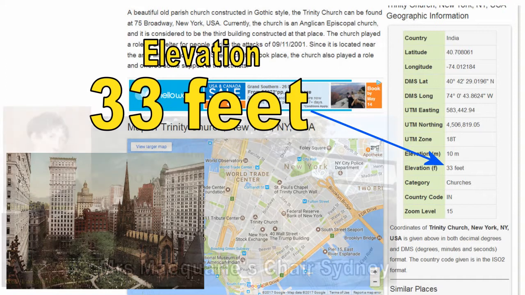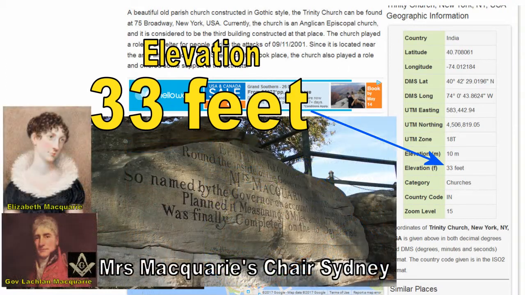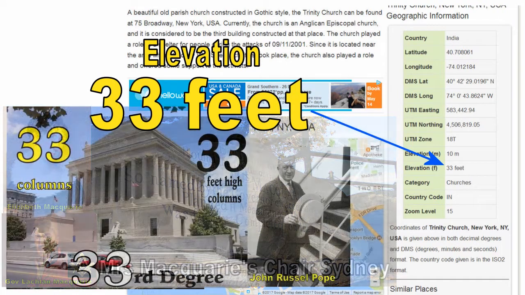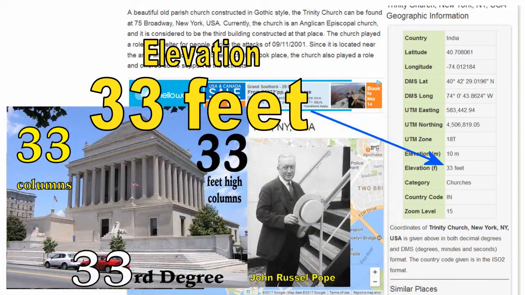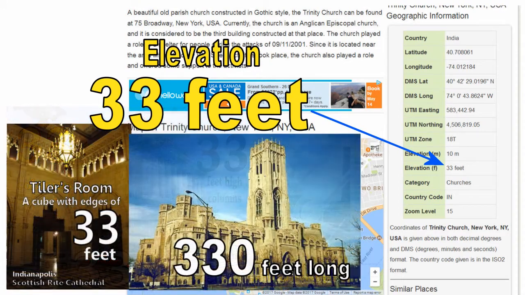But with so many of these structures, such as Mrs. Macquarie's Chair in Sydney, and I'll try to remember to put the link in the description, because it's a road and a chair, you might think there's nothing there, but the use of measurements, the connection to Freemasons, her husband being hugely important, basically like the George Washington of Australia, not just for social aspects, but also for architecture and street design.